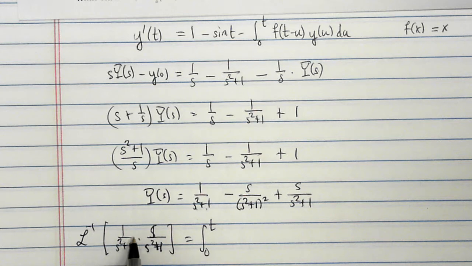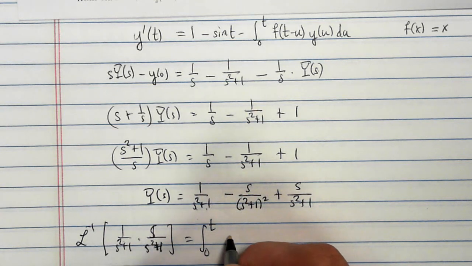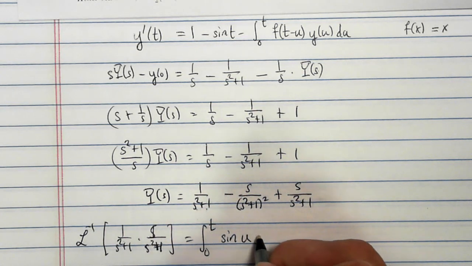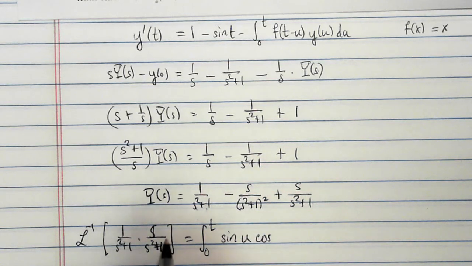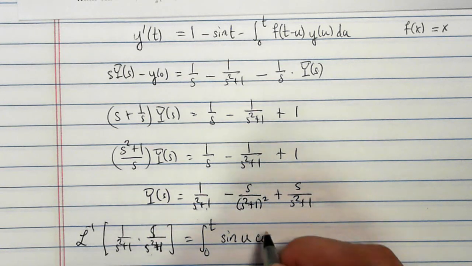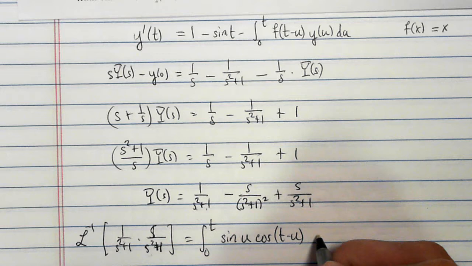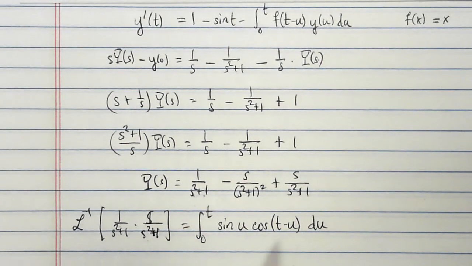So the inverse transform of this is sine, so let's make that sine u, and then the inverse transform of this is cosine, so cosine of t minus u, du. I could have put t minus u and u the other way around, and that would have been perfectly okay.